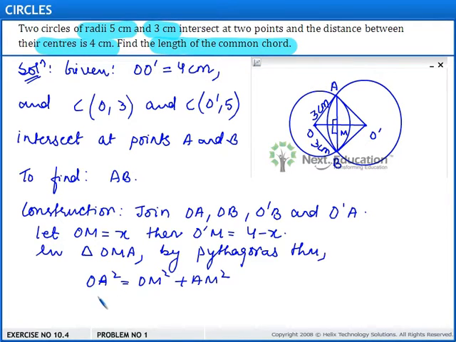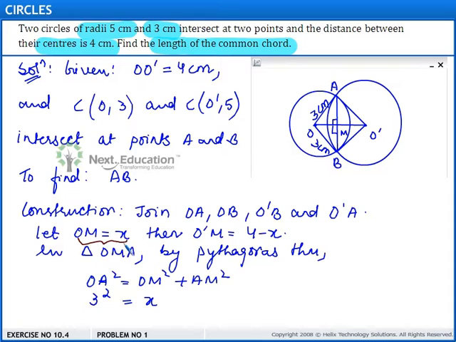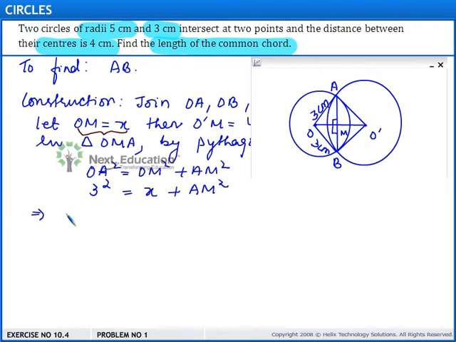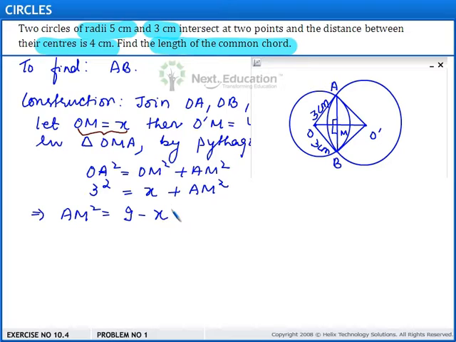So, here we have 3 square is equal to OM, which is x, square plus AM square. This implies that AM square is equal to 9 minus x square. Let us denote this by equation number 1.